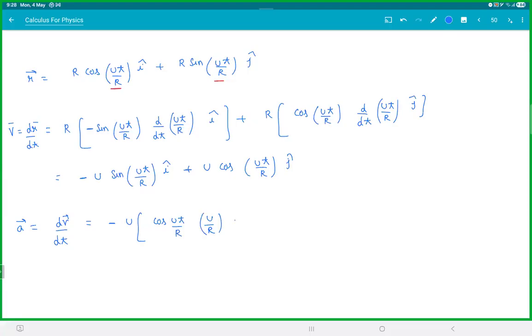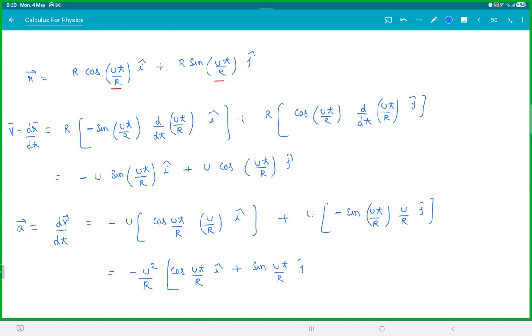So I'm skipping that step now. The differential of cos is minus sine ut by r. One u by r comes out. Now this thing would become minus u square by r cos(ut by r) i cap plus sine(ut by r) j cap.